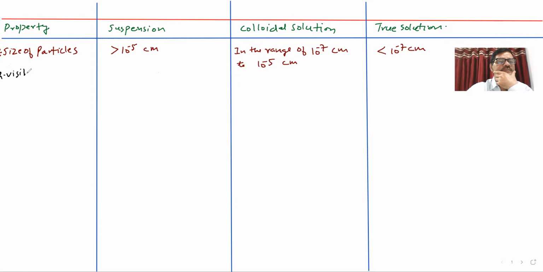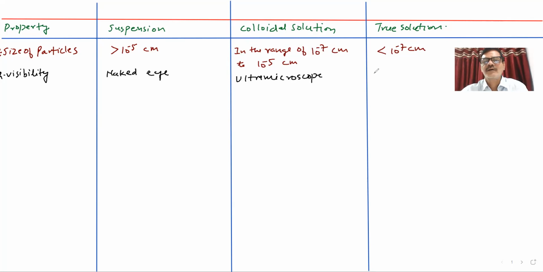Second property is visibility. It is visible with the naked eye. With ultramicroscope, and do not visible at all.